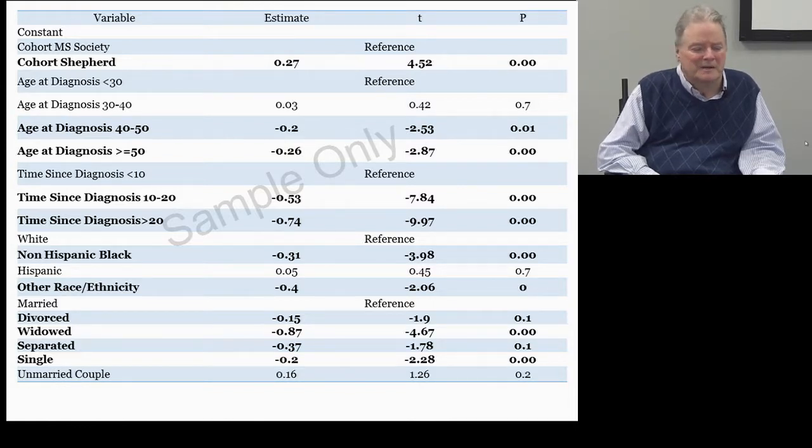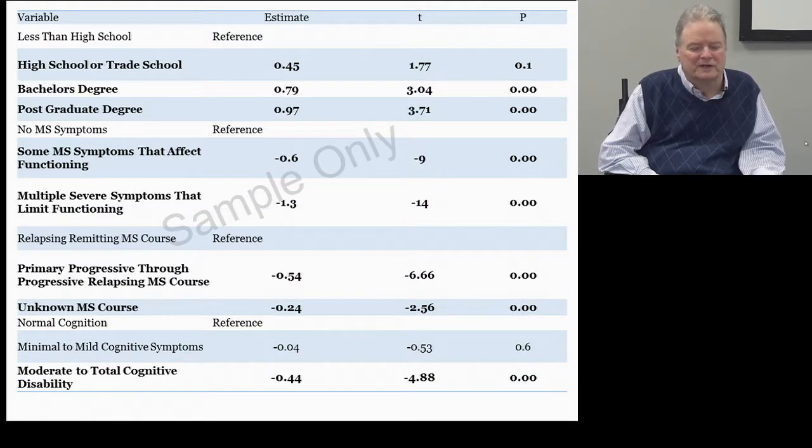But I debated whether to include the first two tables. They're there for anyone who has a sophistication in statistics that really wants to look at the detail. Next. And this is a continuation of variables. So we're looking at things all the way through education level to the symptoms of MS and to the diagnoses. Next.